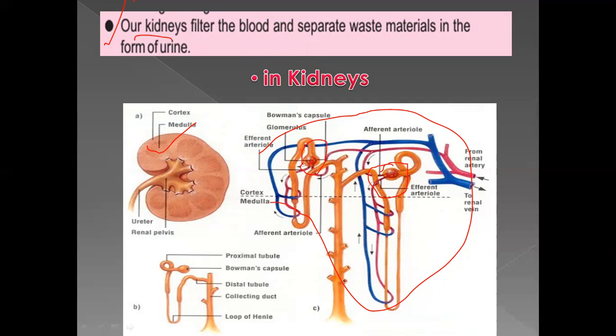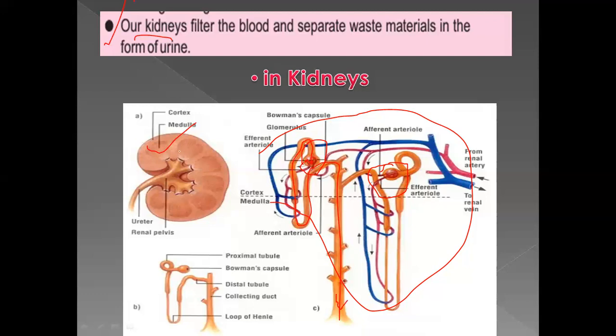With the pressure of this blood, all the waste material present in our blood comes into these tubes, and from these tubes, that water and those substances are transformed into urine, and this urine is removed.